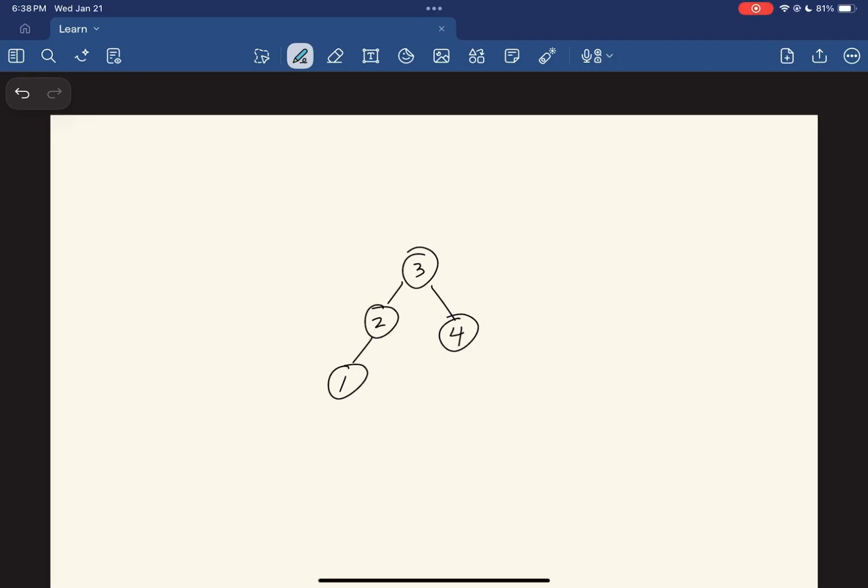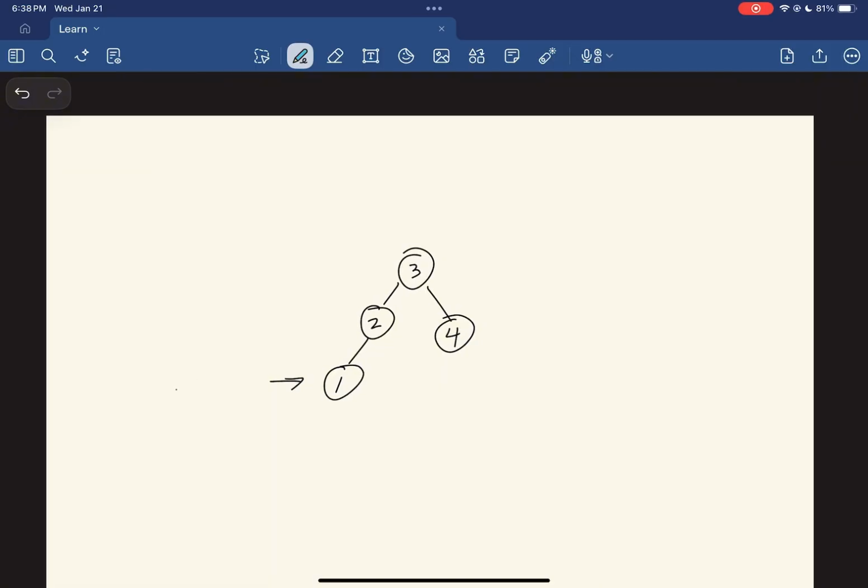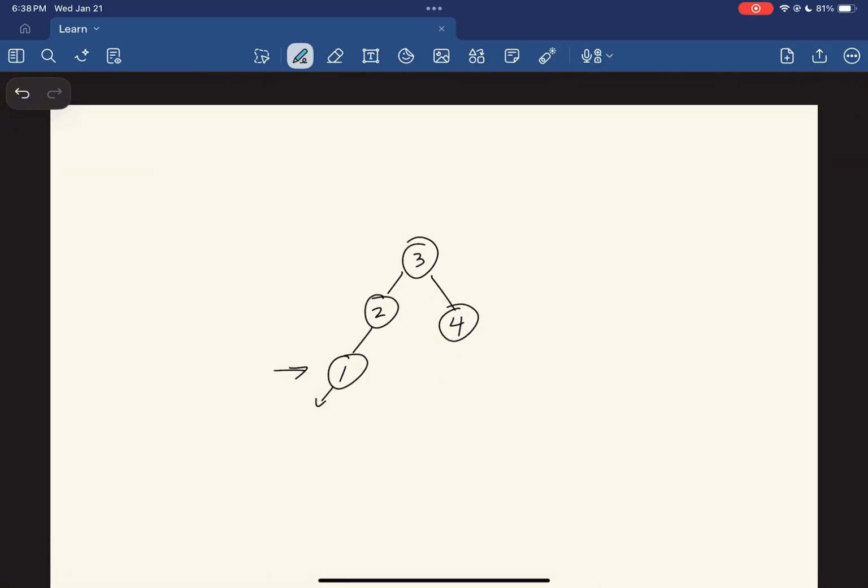So look over here at node 1. Node 1's left child is null. And when that happens, that means the height is 0. The right child is also null. So the left and right child heights are both 0. Okay?